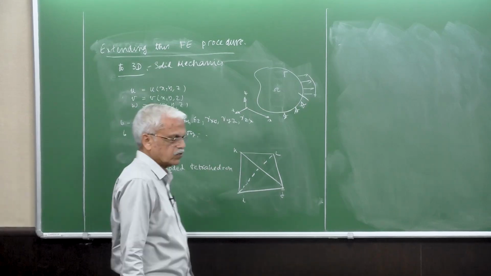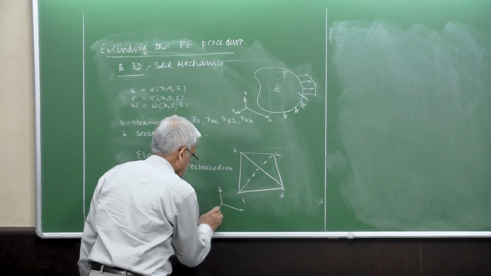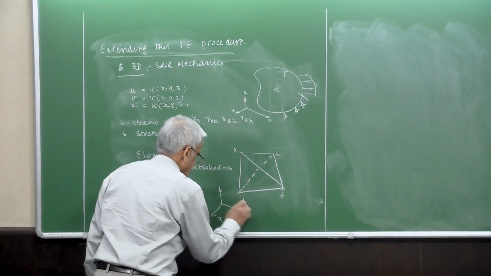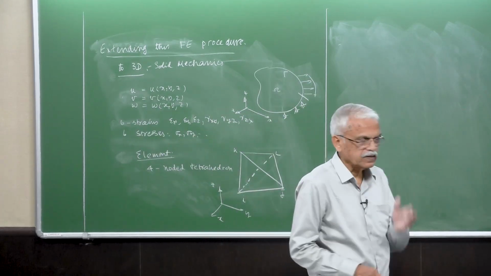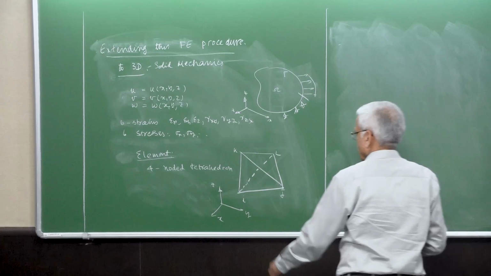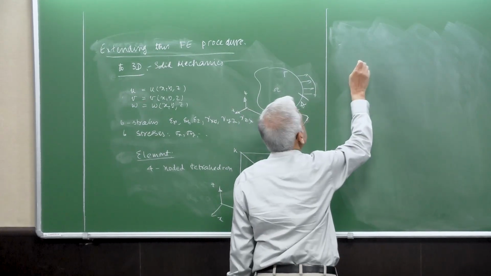Okay. So 4 nodes. What we do here is that there are 3 degrees of freedom for each node.